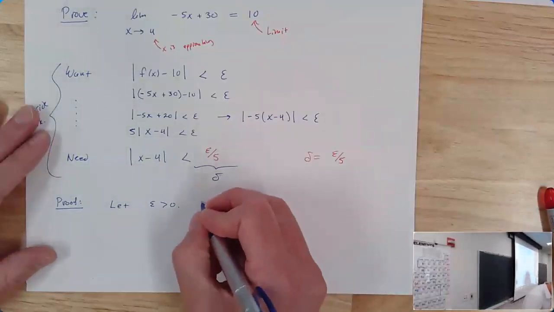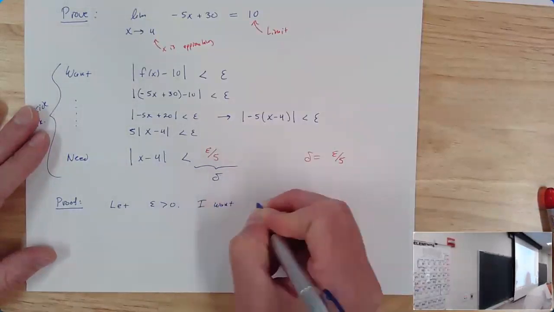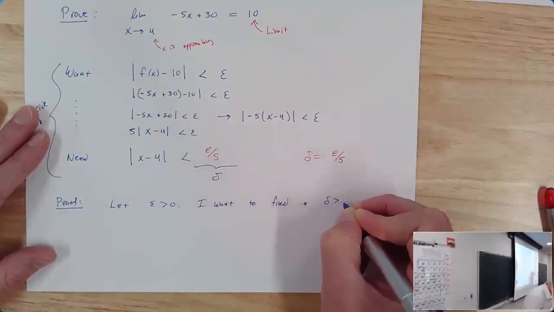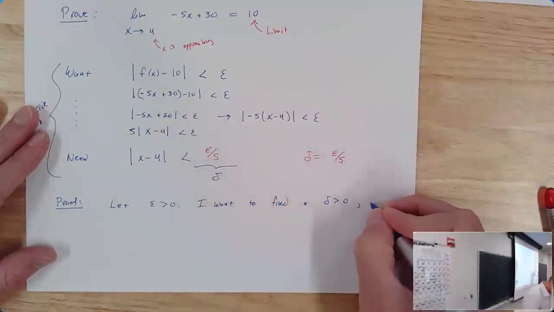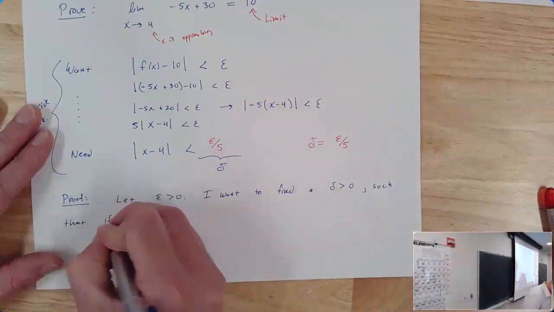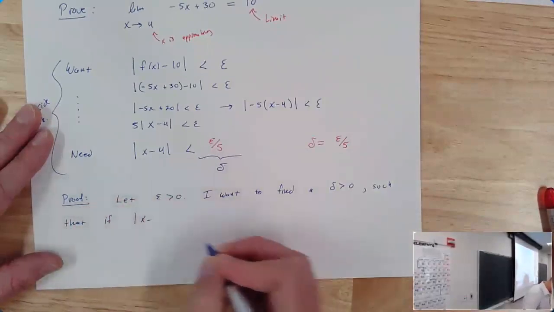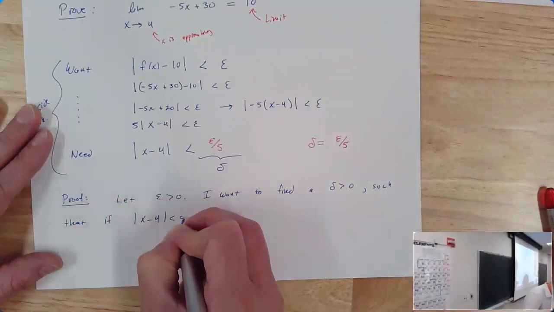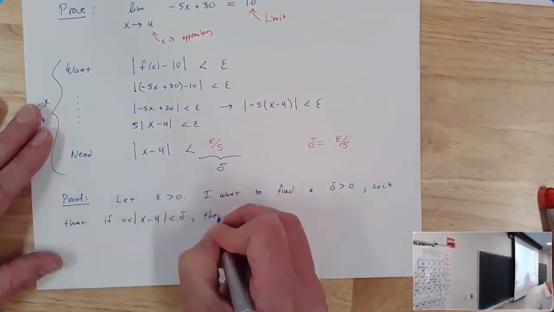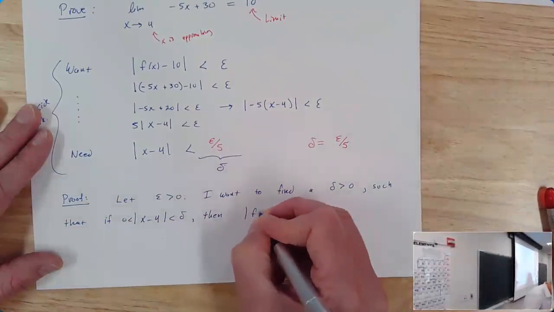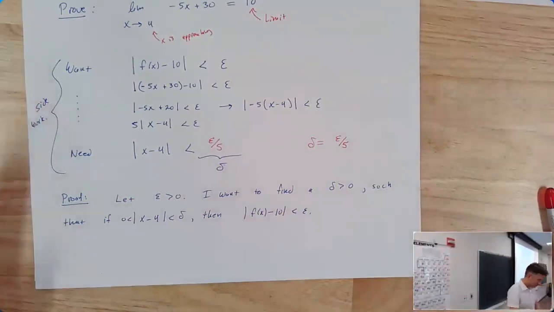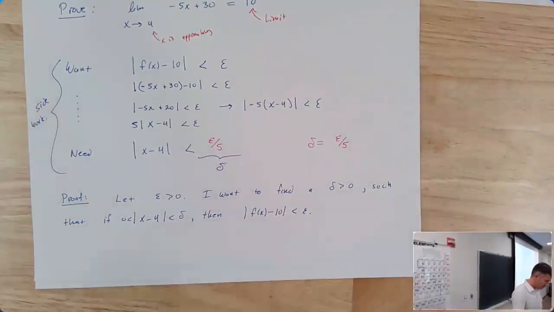I want to find a delta greater than 0 such that if the absolute value of x minus 4 is less than delta and positive, then the absolute value of my function minus its limit is less than epsilon. That's what I want to do.